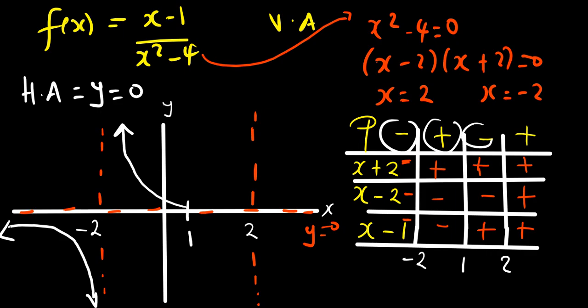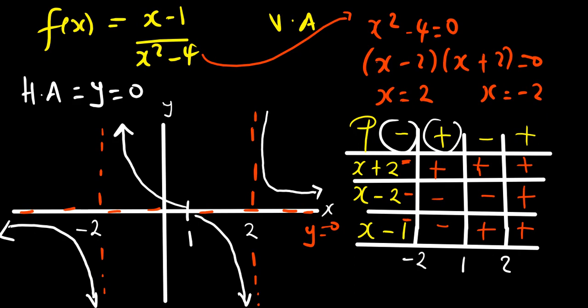We had the negative, so it will go down like that. Then from 2 going this side, what did we have? We had a positive product. So it will be on top, approaching this asymptote like that.